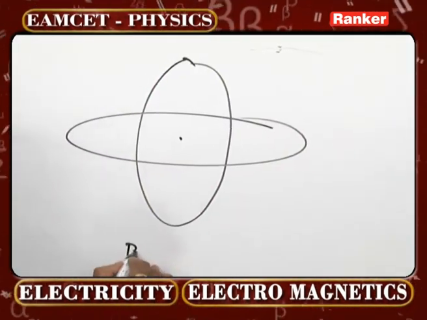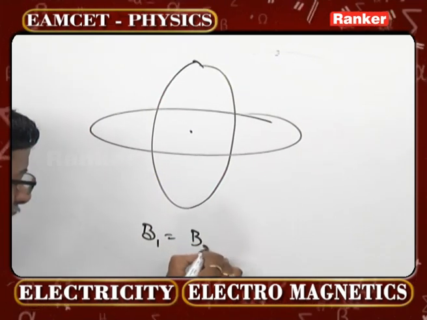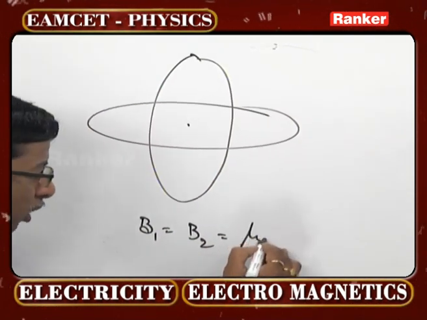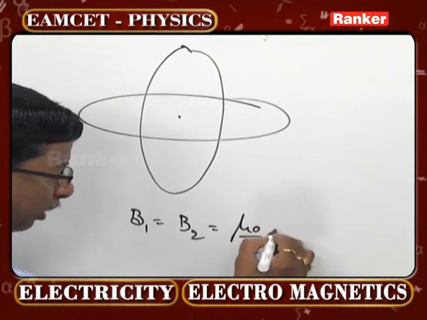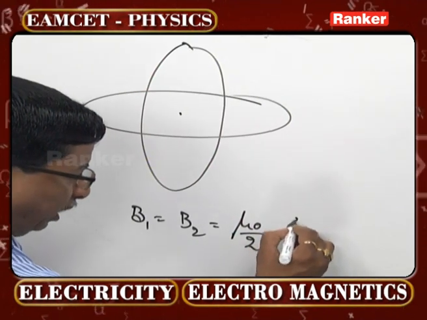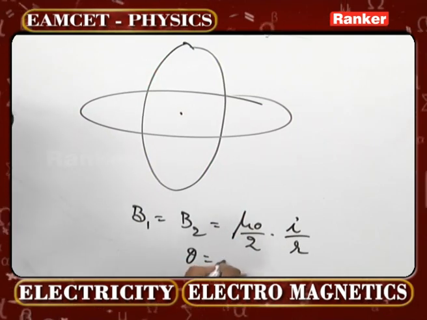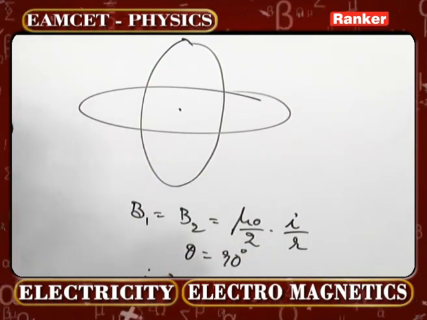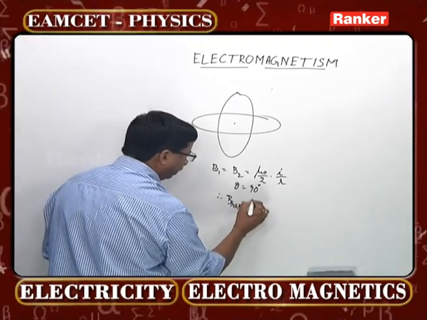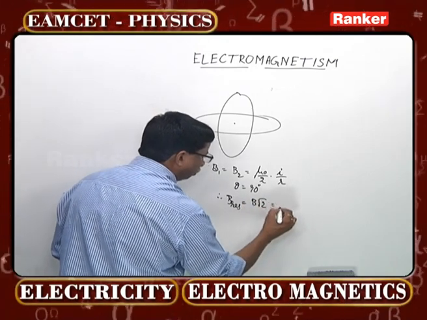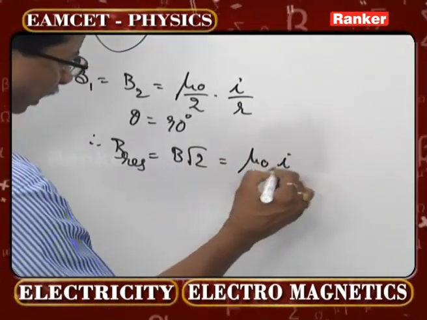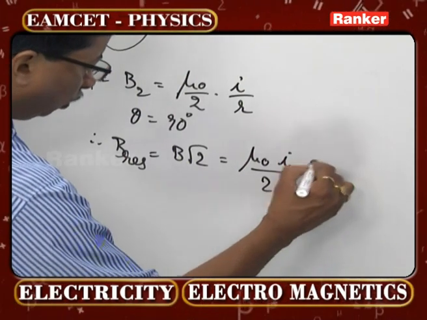So magnetic field due to the first one, magnetic field due to the second one, both are equal to mu naught by 2 into I by R. But what is the angle between them? Angle will be 90 degrees. Therefore, resultant magnetic field will be B root 2. So mu naught I by 2R into root 2.